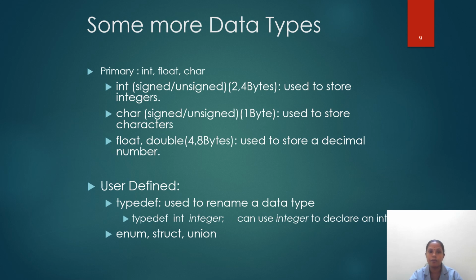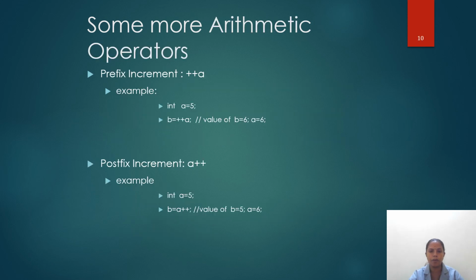These are the user-defined data types. Now we're going to see more operators, that is the prefix increment and postfix increment operators. In the prefix increment operator, see the example, int a equal to 5. First the value is incremented, then printed.